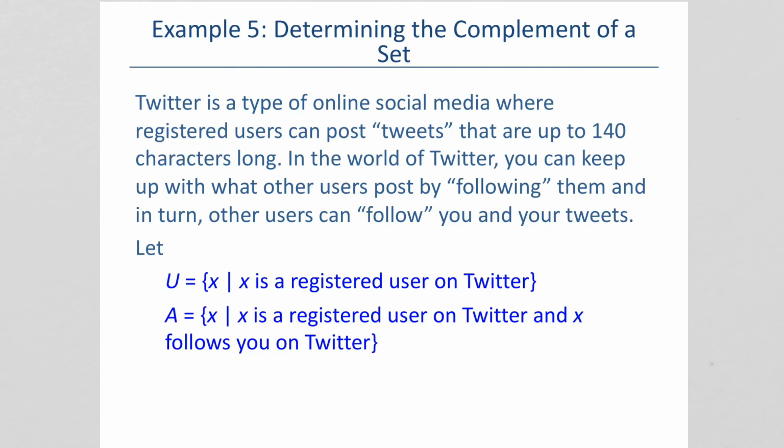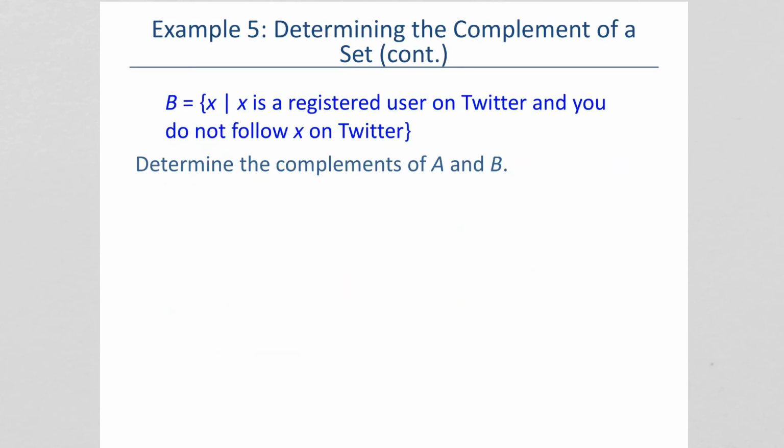So all the people that use Twitter. A is X such that X is a registered user on Twitter and follows you on Twitter, okay? So you could say A is a subset of U. And B, X such that X is a registered user on Twitter and you do not follow X on Twitter.